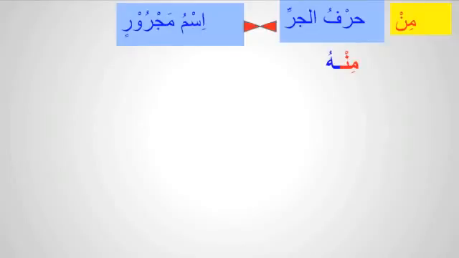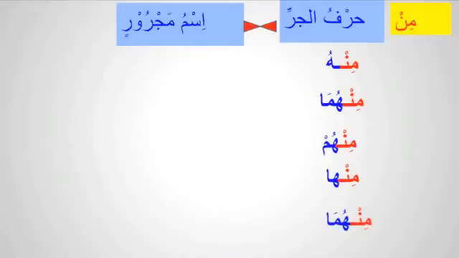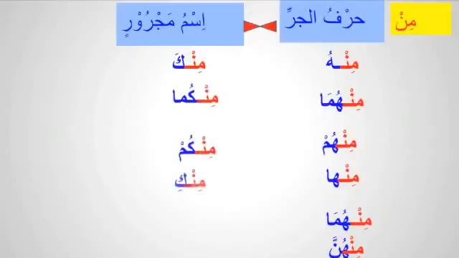So now we know it is harf jar and ism majroor: from him, minhuma, minhum, from them; minha, from her; minhuma, from them, both females; minhunna, from them; minka means from you; minkuma, minkum, minki, minkuma, minkunna; minni is from me, and minna is from us.